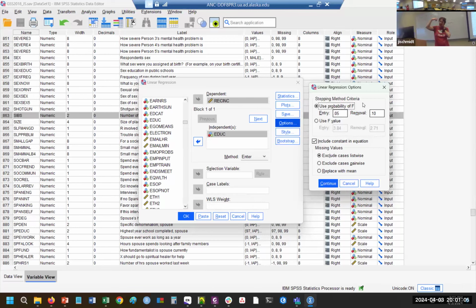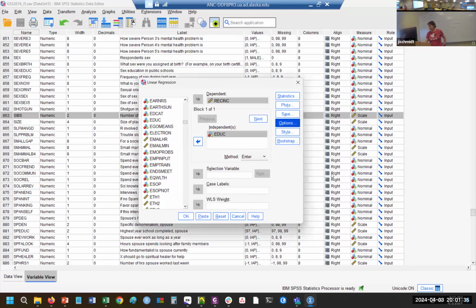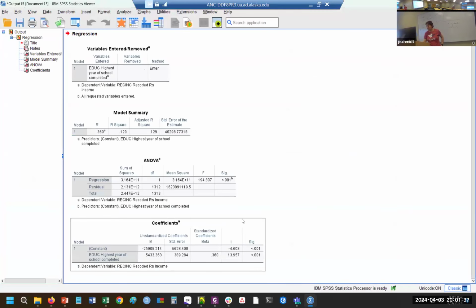Maybe age is important, but then we add education and it swamps age, and age is no longer important. And so it gets thrown out of our model because it dropped below this 5% threshold. So it goes through and checks how they're interacting and whether to keep them in or drop them. It's a nice way to pare down your important variables. So, okay, then you hit continue and then hit okay.